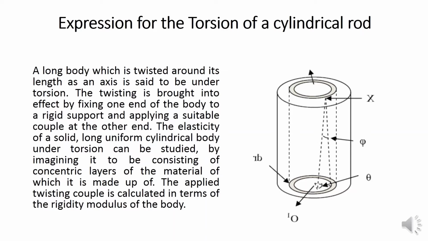The elasticity of a solid, long, uniform cylindrical body under torsion can be studied by imagining it to consist of concentric layers of the material of which it is made up. The applied twisting couple is calculated in terms of the rigidity modulus of the body.